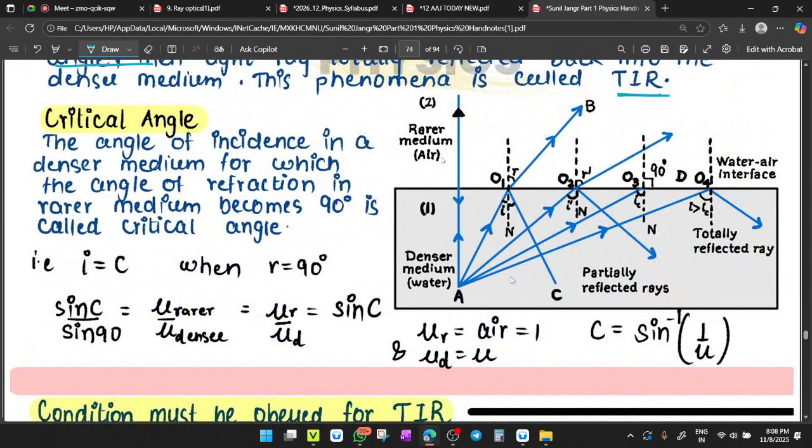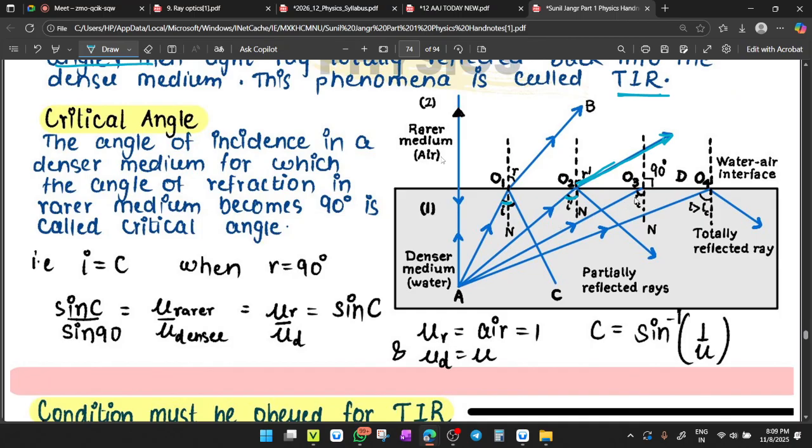Yes. So check here with the diagram. Here the angle of incidence I is small, so the refraction is like this. Now if you increase the angle of incidence I, the angle of refraction increases and the refracted ray goes like this.